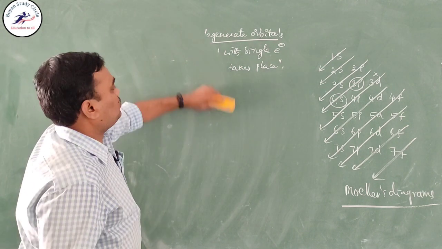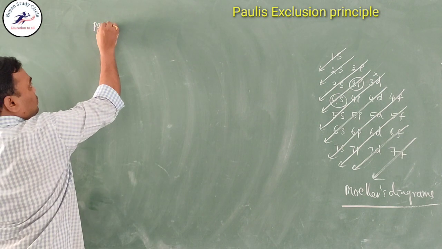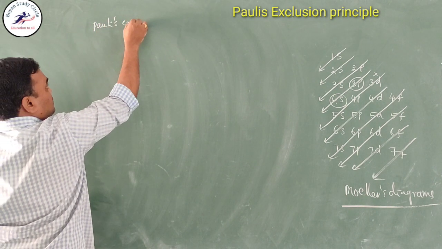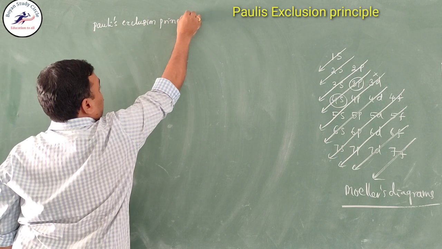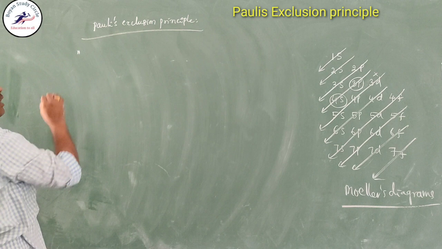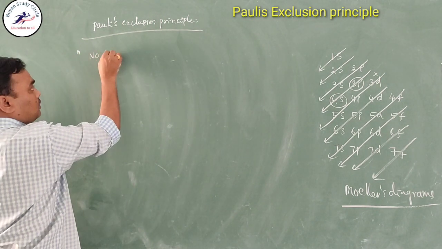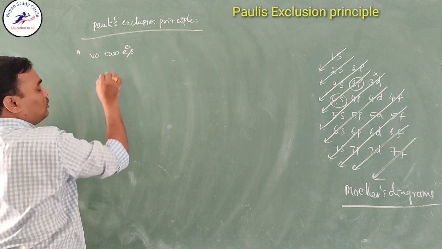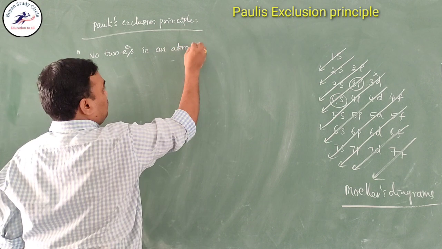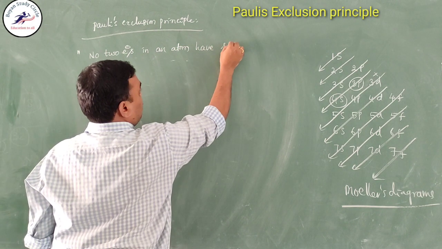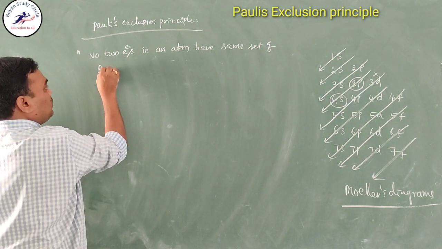Then the last rule, that is Pauli's exclusion principle. Pauli's exclusion principle, right? So what Pauli's exclusion principle says is that no two electrons in an atom have the same set of quantum numbers.